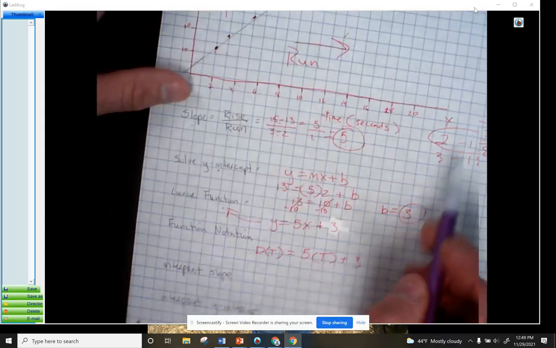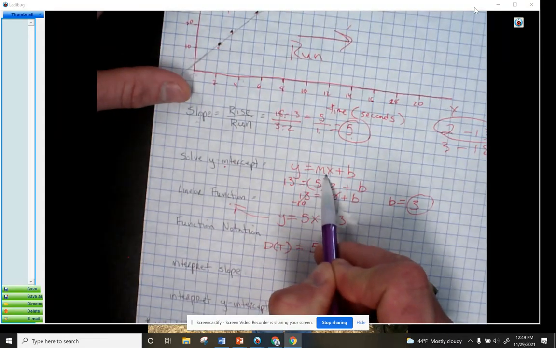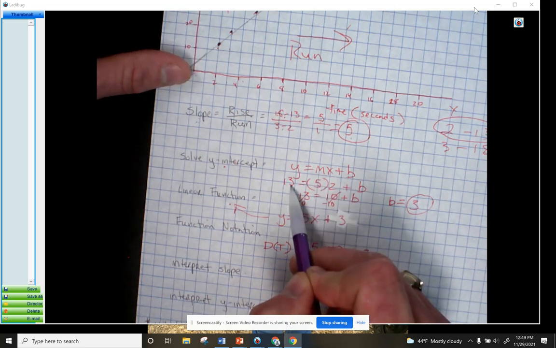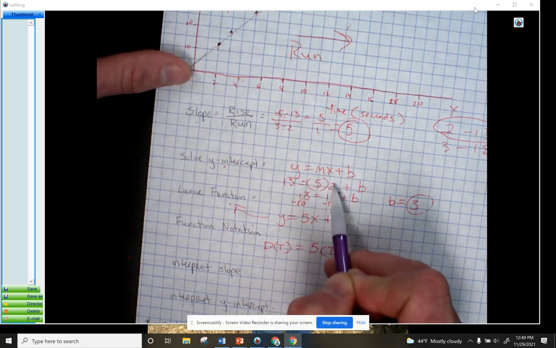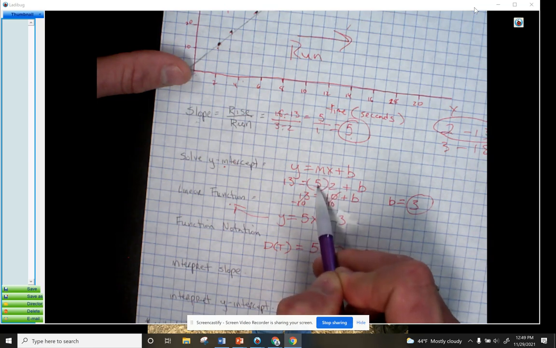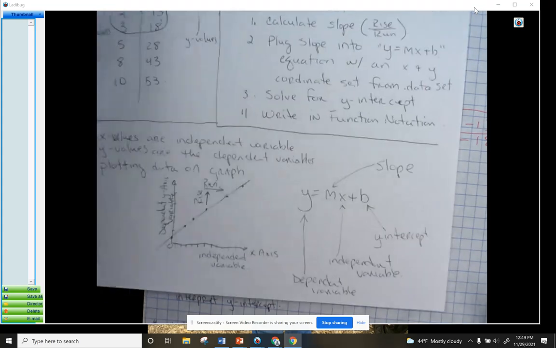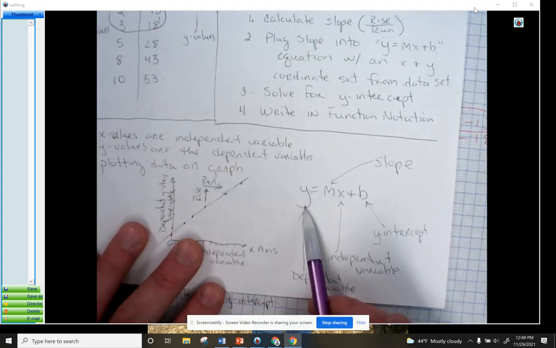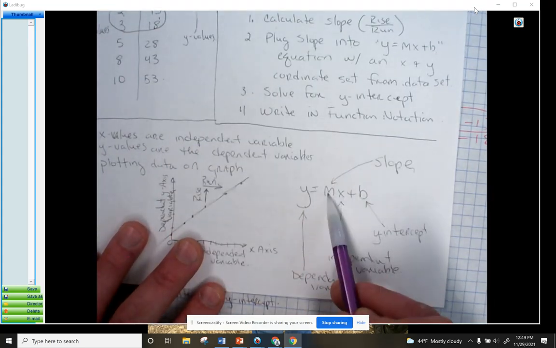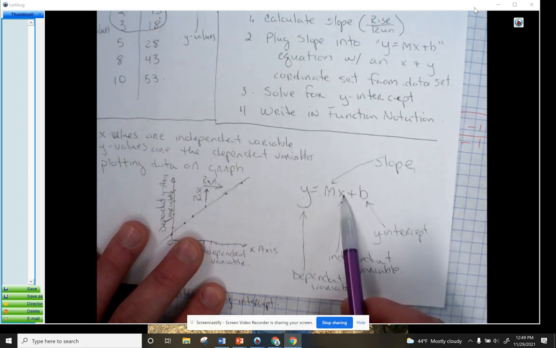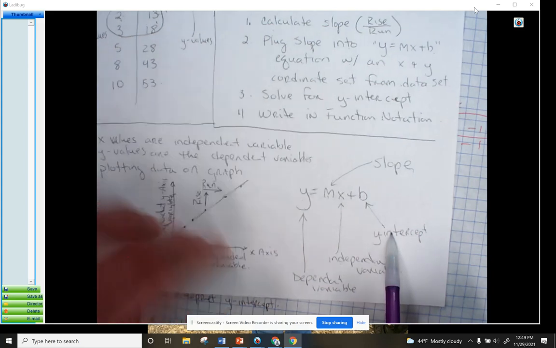Here's y equals mx plus b. 13 is our y, 2 is our x, and our slope, m, is 5. Our slope is here. This is the dependent y variable. Here's our independent x variable. And we're going to solve for the y-intercept.